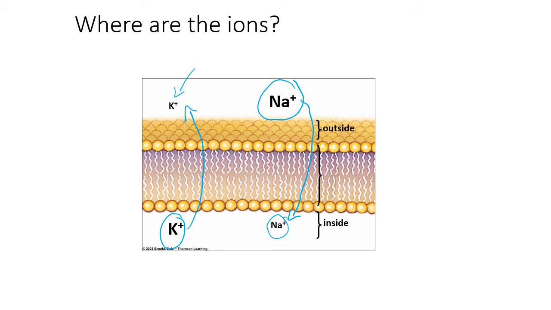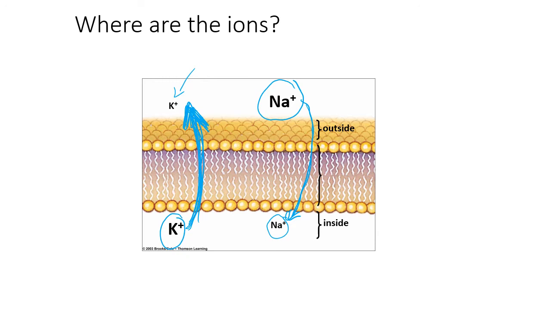We talked before about leak channels, and in terms of those leak channels, the sodium has fewer leak channels, so it comes back in slowly, and actually the potassium leaks out relatively quickly. So it has a much greater ability to leak out than that of the sodium.